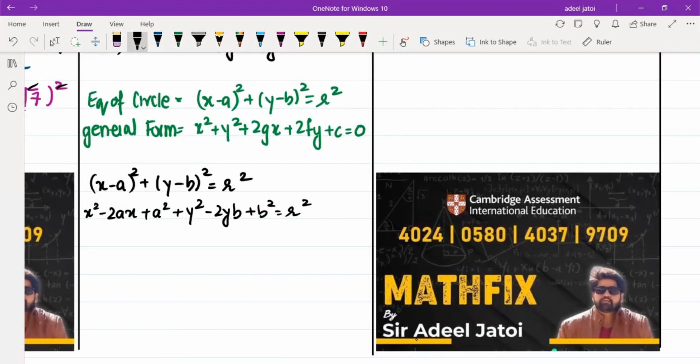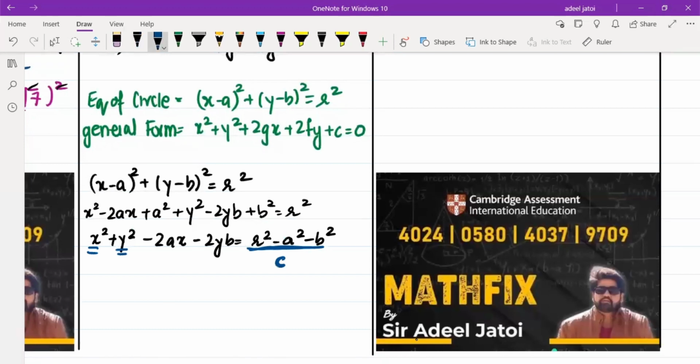And similarly, x square plus y square minus 2ax minus 2yb is equal to r square minus a square minus b square. Now, this whole thing represents a constant number, right? X square and y square will be generalized in the given question as well.